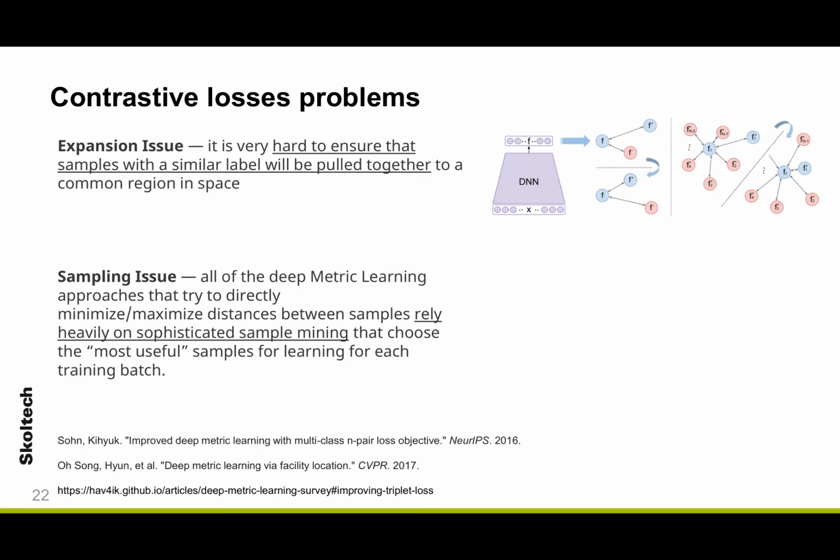The two main issues with contrastive learning overall, so these fundamental flaws, I would like to say, is expansion. It's because for each triplet we look only at 3 objects, and we can't ensure that we put all other classes away from this particular class. We put only one out here, and it can be not enough.